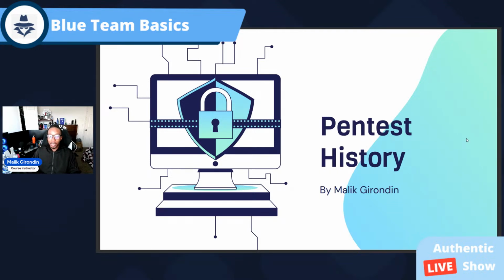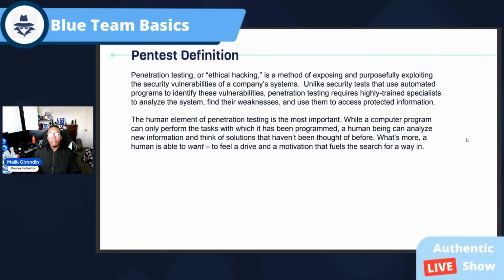Pentest history. What the heck is a pen test? Let's go through it. Pen test definition: penetration testing, or ethical hacking, is a method of exposing or purposely exploiting the security vulnerabilities of a company's systems. Unlike security tests that use automated programs to identify these vulnerabilities, penetration testing requires highly trained specialists to analyze the system, find its weaknesses, and use them to access protected information.